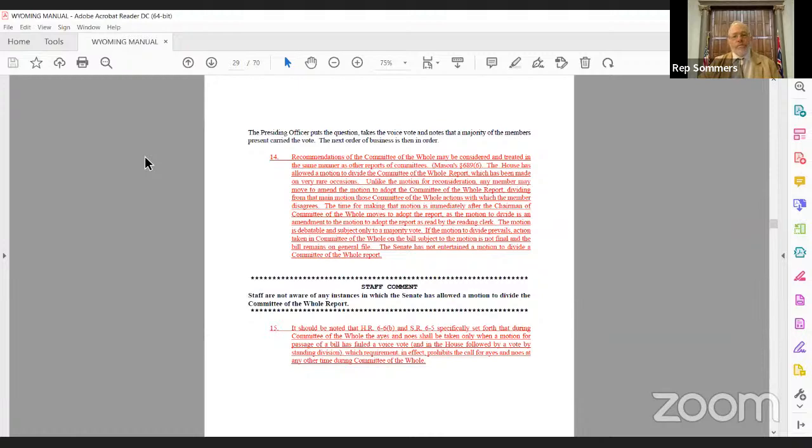I don't know. Mr. Chairman, that'd be a call for this subcommittee, and I can tell you this, in my way of interpreting, if you cite the Senate rule, that kind of is a real strong indication that Senate rule controls, and that a motion to divide the report would be out of order.